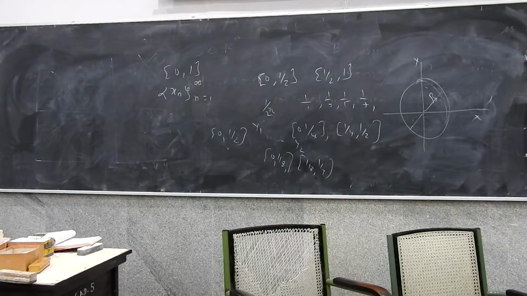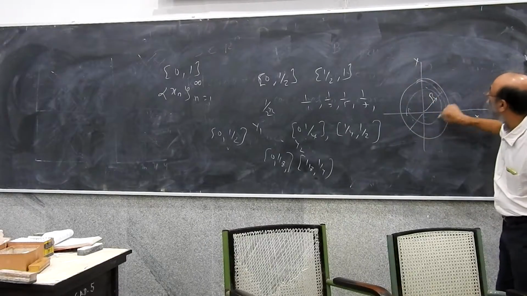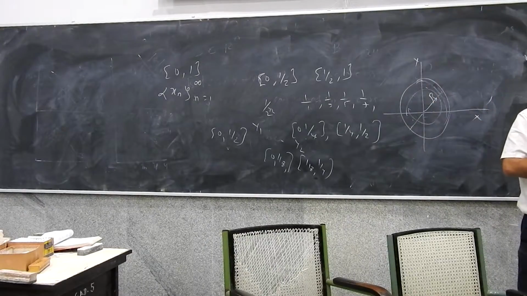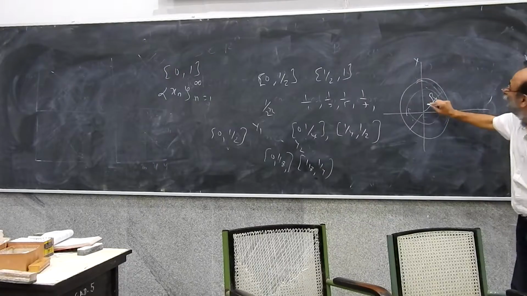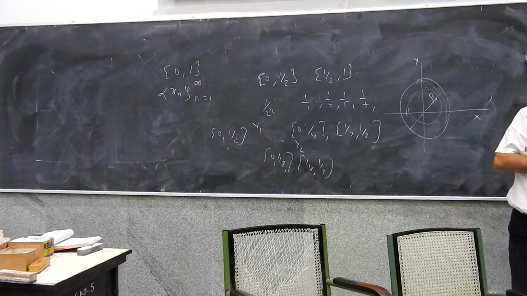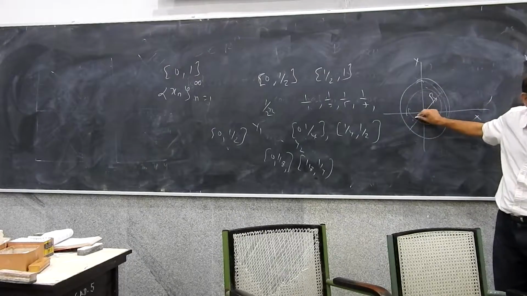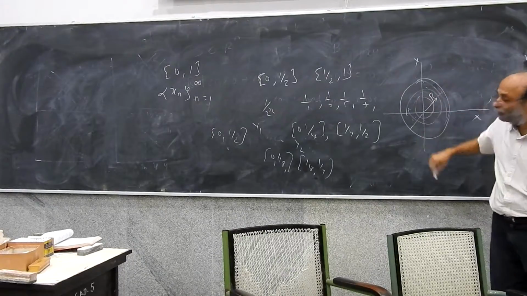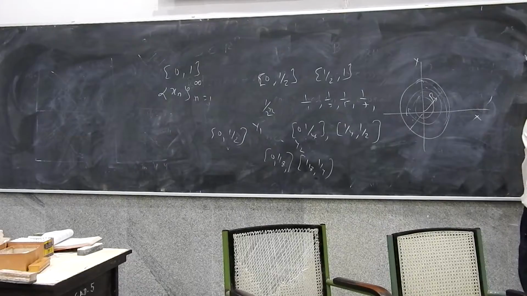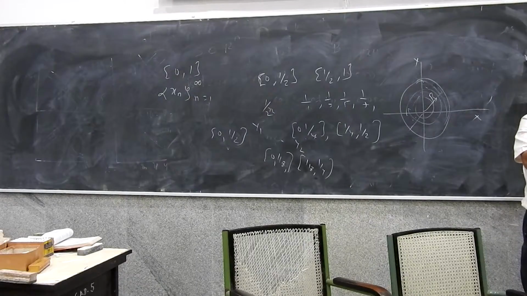It will have a subsequence. Suppose instead of this, you think of half the ball. The subsequence has to be either here or here. Suppose it lies here for the sake of argument. You can cut this ball even smaller, cut the ball in half again, so that it lies either here or there.